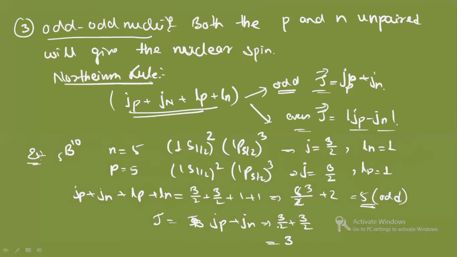Alright, and the parity will be what? Parity is written as minus 1 to the power L. Yes or no? Let's see on the next page. We know parity is equal to minus 1 to the power L. So it will be minus 1 to the power 1 plus 1, this is for the neutron, this is for the proton. So minus 1 to the power 2.